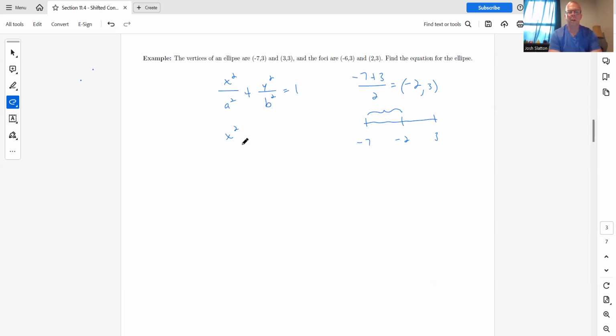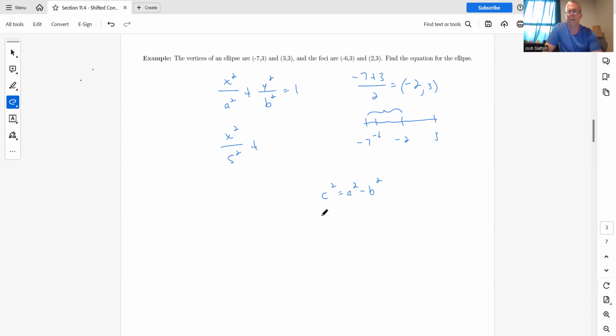So we have x squared over 5 squared, and then we can figure out what b is, because we can figure out what c is. So there is where the focus point is. And what is that distance? Actually this distance is 4. So c squared equals a squared minus b squared.